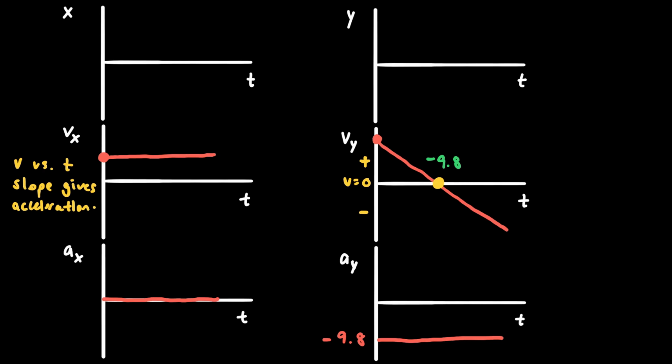Also, as long as the object is launched from the same height that it lands at, so let's say it's launched from the ground and it hits the ground, then that means the net displacement in the y direction is 0.